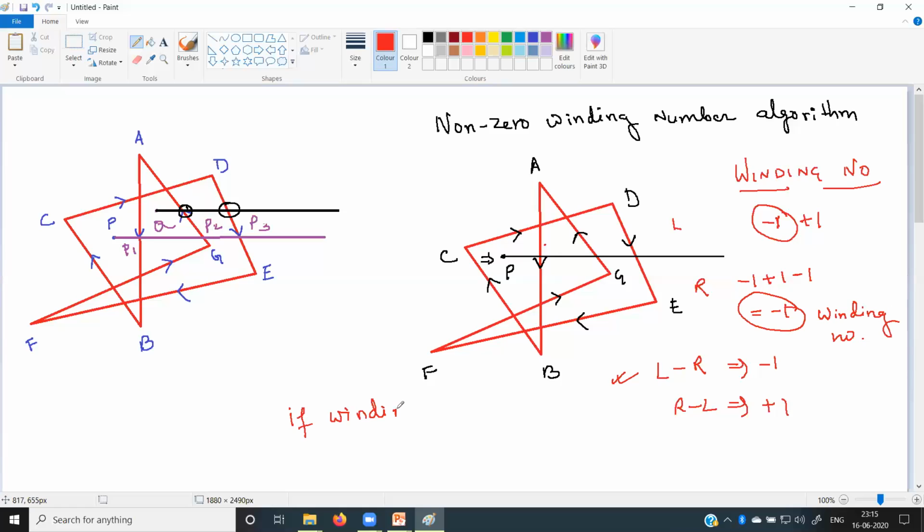Now if the winding number is not equal to 0, in that case the point is inside.